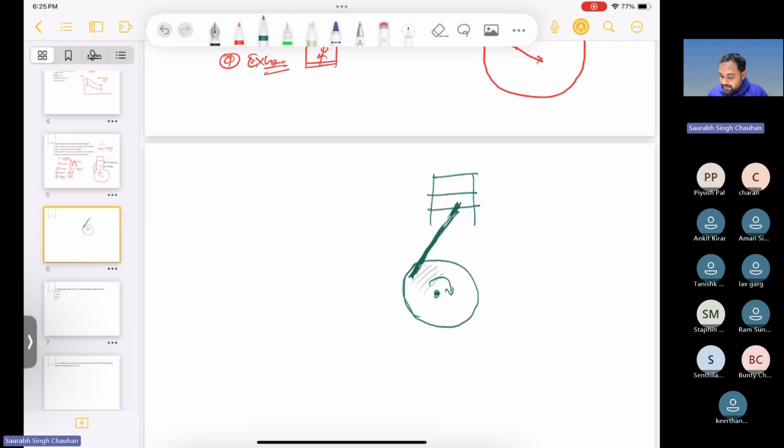As this crankshaft rotates, the piston will move up and down. So when the crankshaft completes one revolution, the piston will complete two strokes.